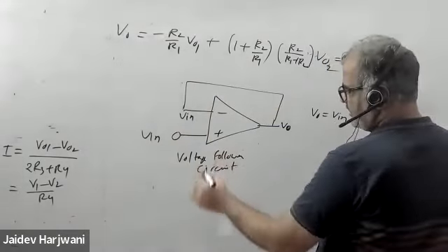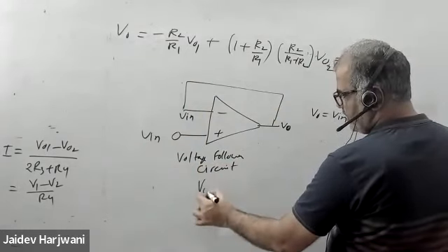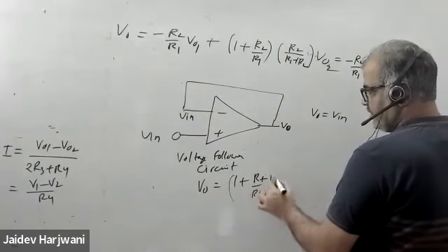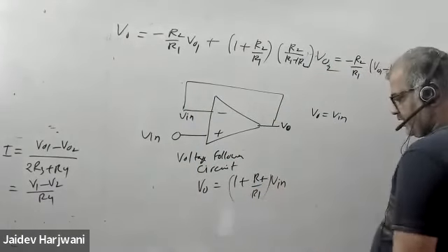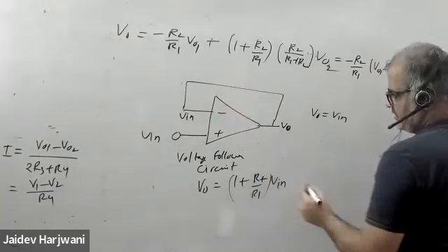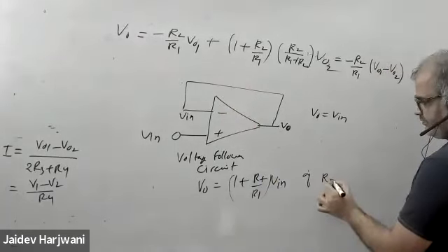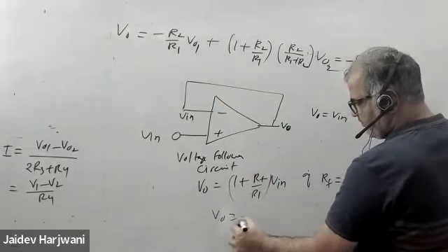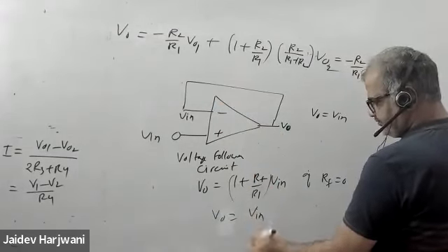Because here RF is 0. In general the formula for V output is 1 plus RF upon R1 times V input. Now here no RF is there, so RF is 0, a short circuit. Then V0 becomes simply your V input.